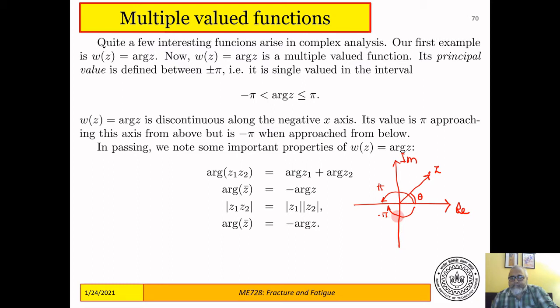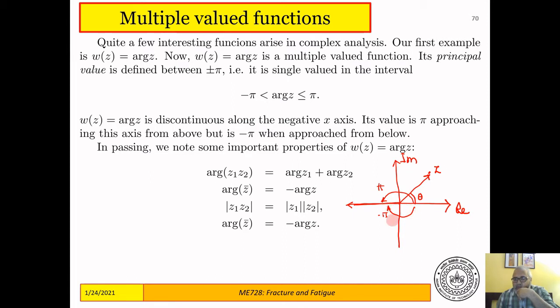Now it is discontinuous at this negative x-axis because it jumps from pi to minus pi across this. So it is a multiple valued function because when you come round one full circle, its value changes here.